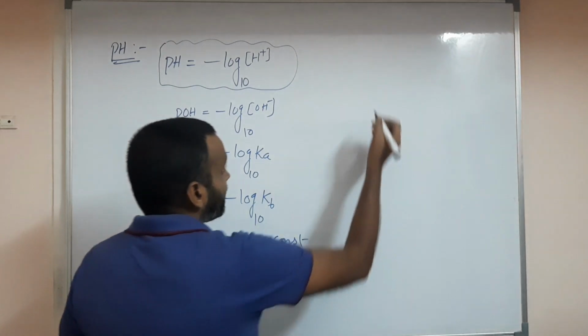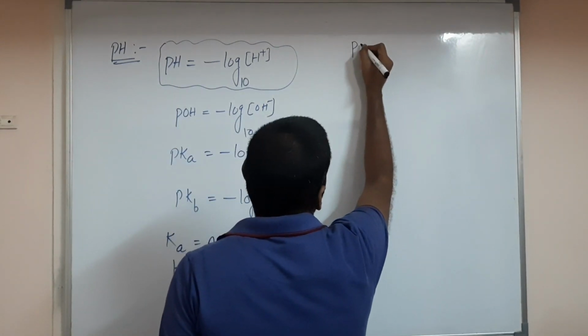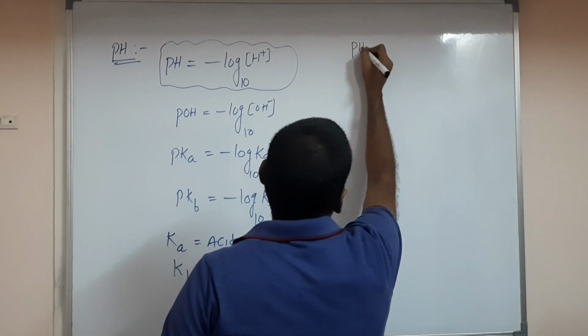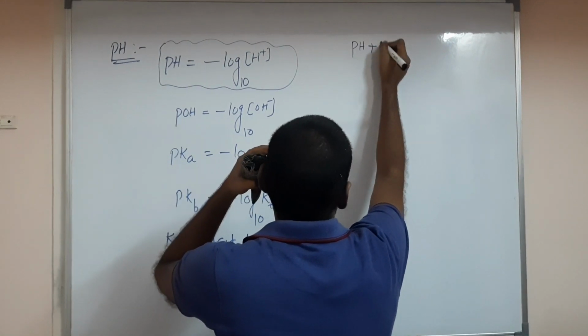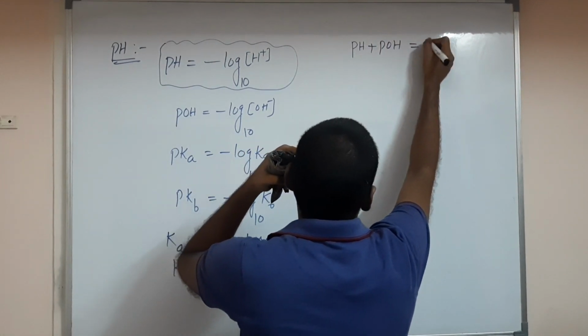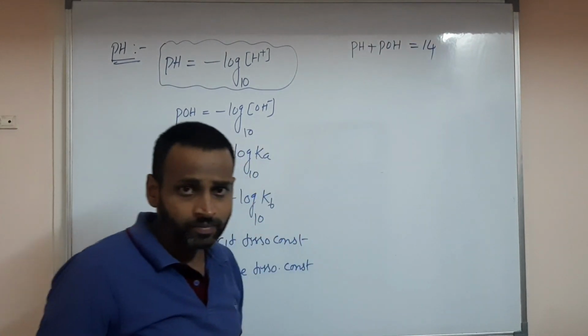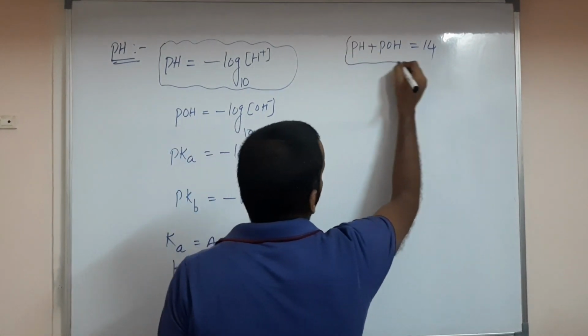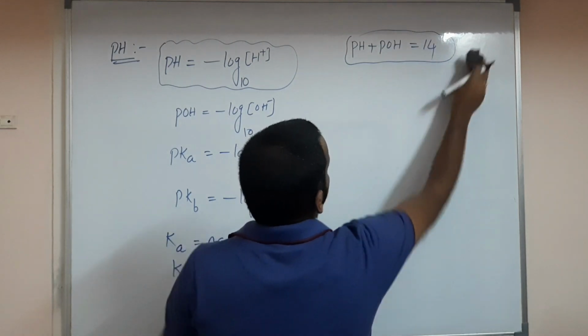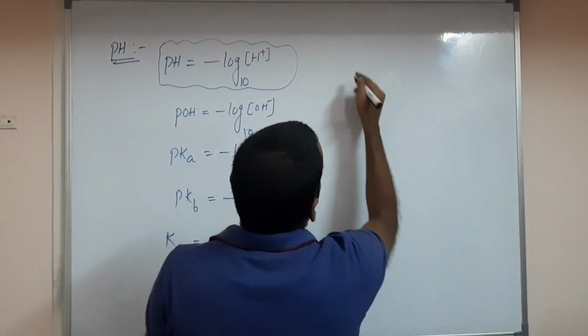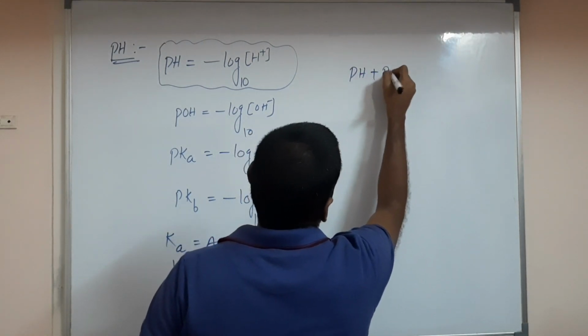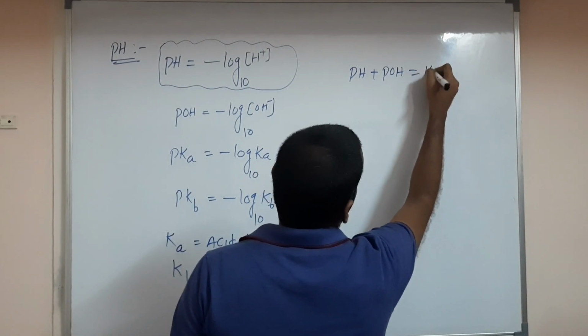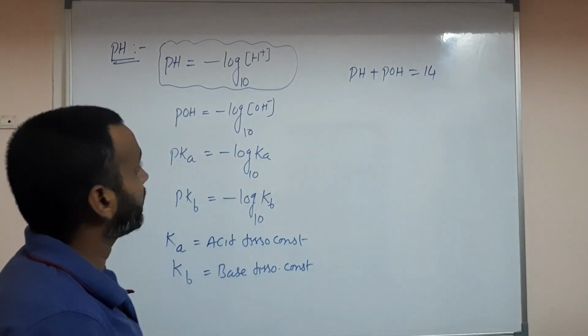As I said previously, pH plus pOH totals 14. Got it clearly? The pH and pOH sum will be 14. In this way you can write.